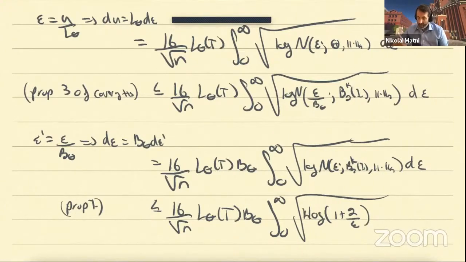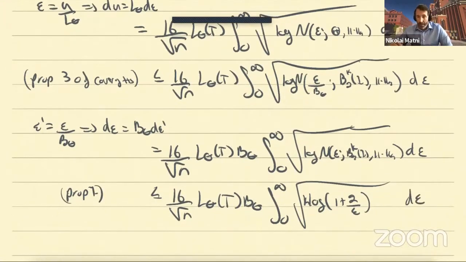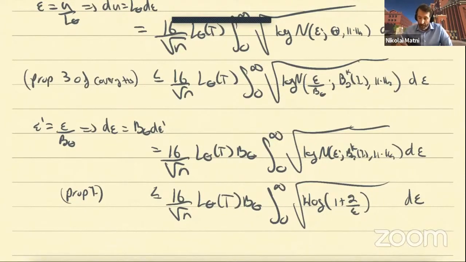Sorry, there's a k that goes there as well. Now there's an important thing that I forgot to do, but I'll do it now: as soon as epsilon is greater than 1, the covering number becomes 1. If the radius is bigger than the ball I'm trying to cover, then the covering number is automatically 1. Log of 1 is equal to 0.